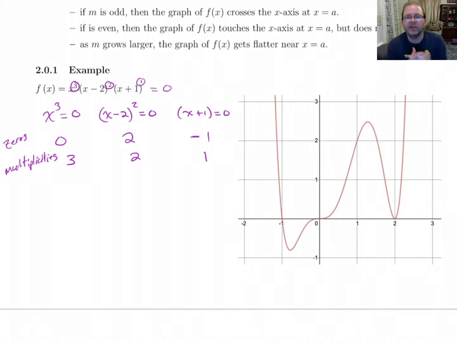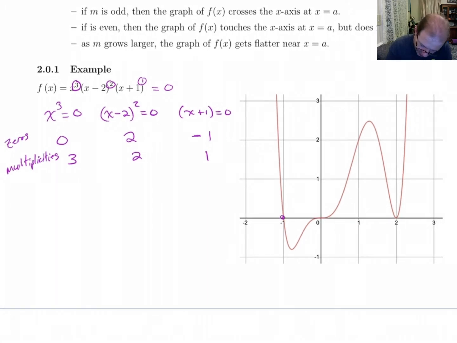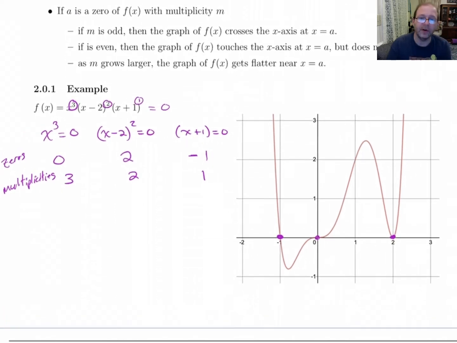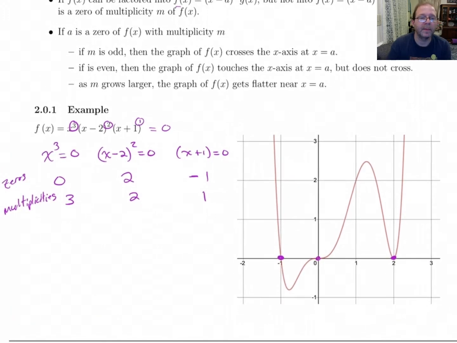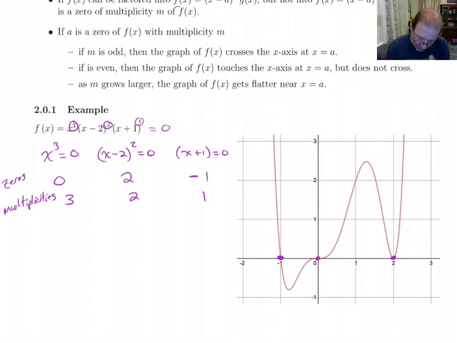Now, the multiplicities tell us a couple of things about the graph's behavior near those zeros. Over here, if we look at the 3 zeros, they occur here at x equals -1, x equals 0, and x equals 2. Whenever the multiplicity is odd, you're going to cross the axis.